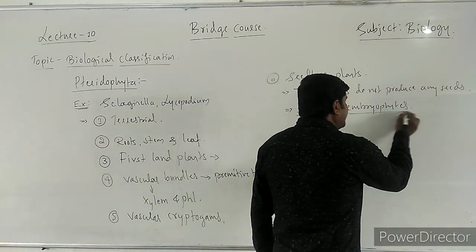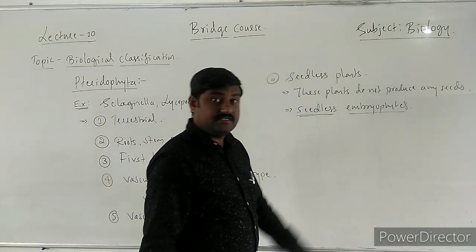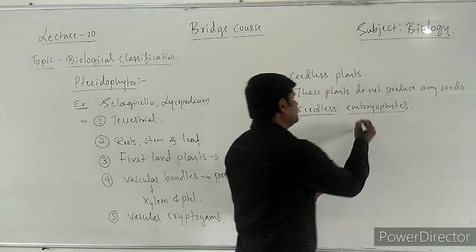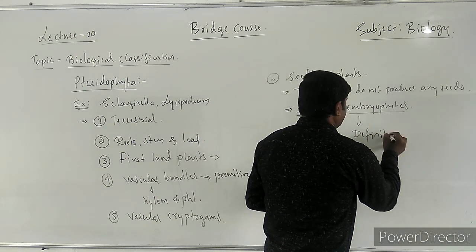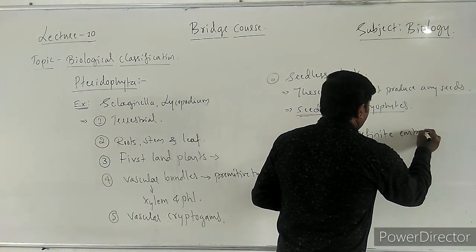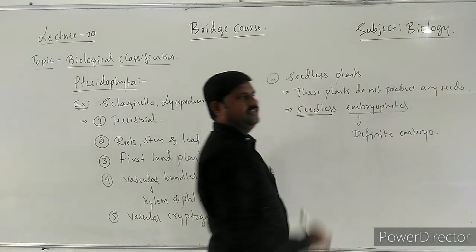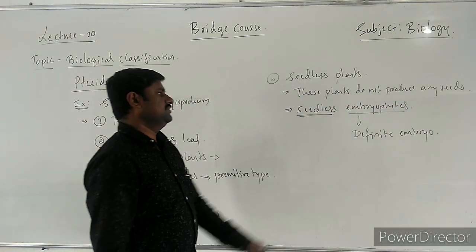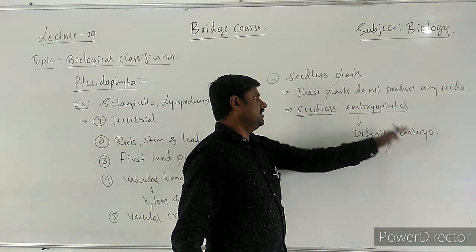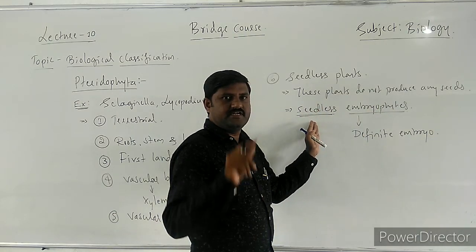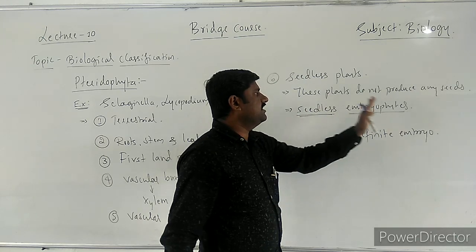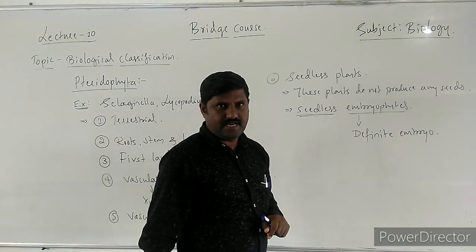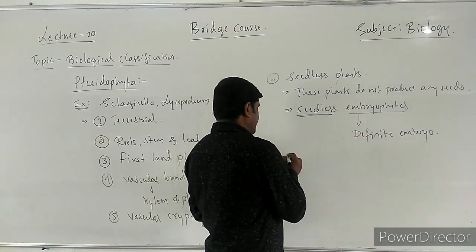But they are called embryophytes because these are the first plants which produce an embryo. There is a definite embryo produced by these plants, right? But this embryo is not present in a definite seed. Hence, these are called seedless embryophytes. So, this is a unique feature of these plants.